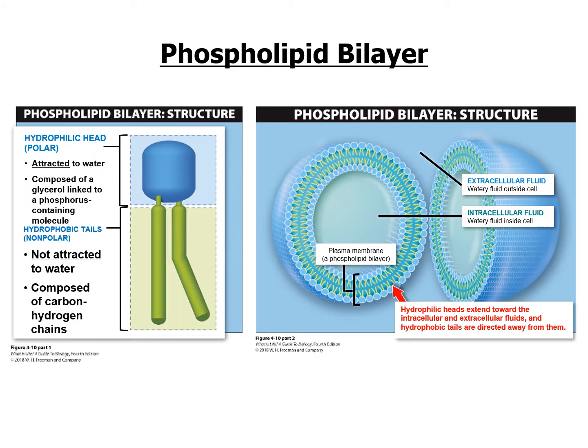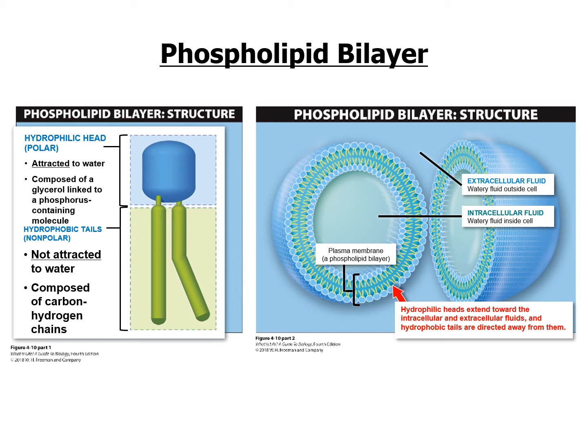Okay, so let's talk about what allows things in and out, and that is the phospholipid bilayer. It is a phospholipid, and we'll talk about what that means, and it is a bilayer. Bi meaning two, so there are two layers.